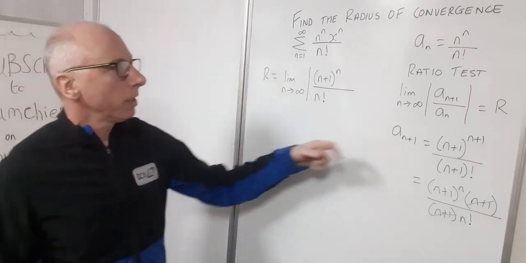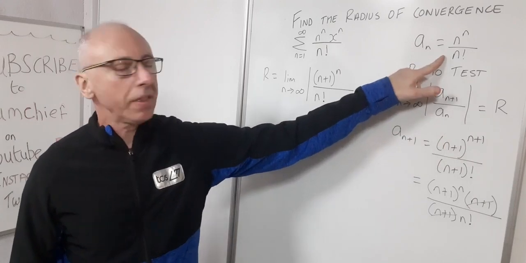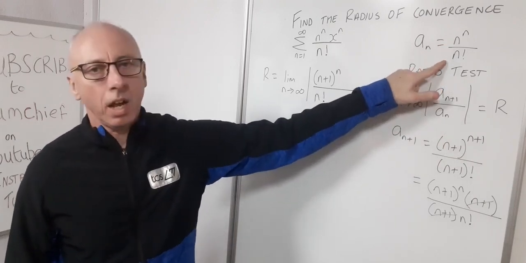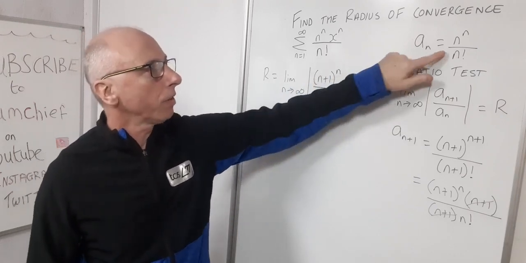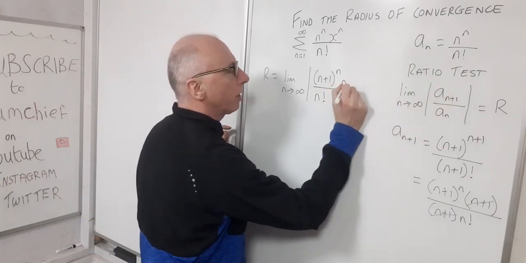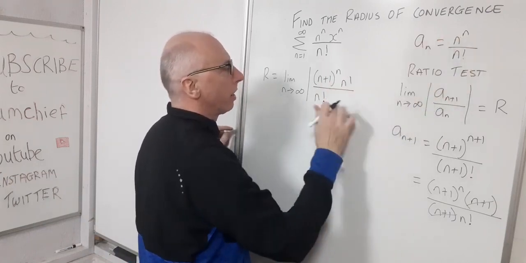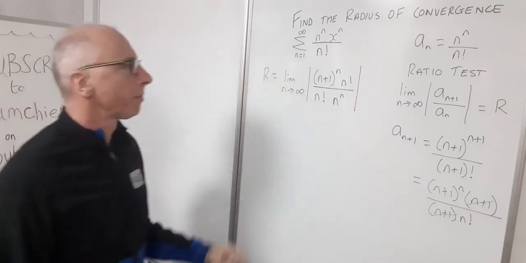Okay, so now we need to divide it by the an, the nth coefficient. So now divide that by n to the n over n factorial. And as that's in our denominator, we can just flip it over and take the reciprocal. So the n factorial I'm going to put in the numerator, and the n to the n I'm going to put in my denominator, and then close that off.